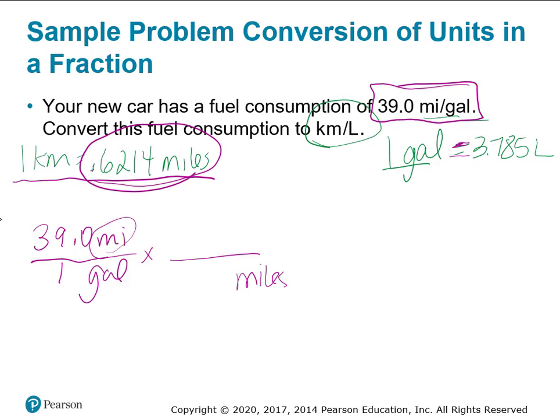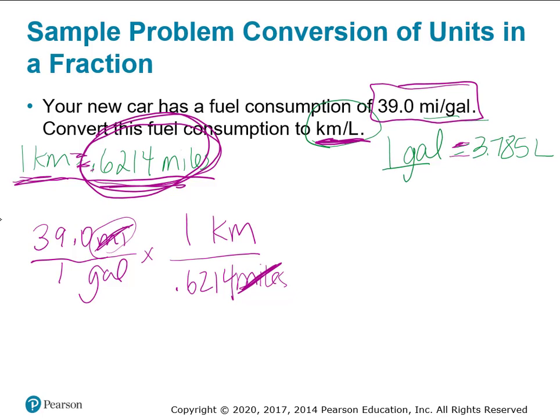So let's take this conversion factor and put miles on the bottom. The 0.6214 miles is equal to 1 kilometer. So miles and miles will cancel. If I were to stop right here, the unit on top is kilometers. So this would be kilometers per gallon, not kilometers per liter. So we need to go one more.